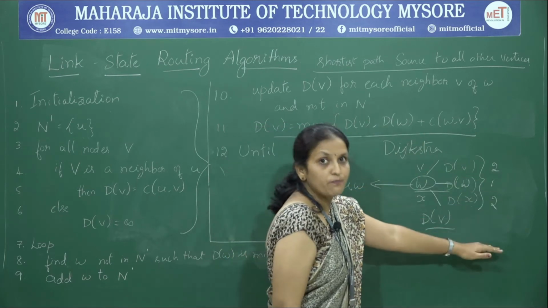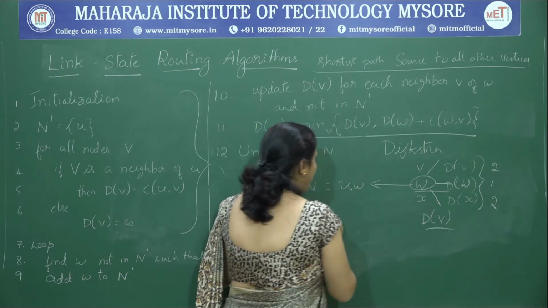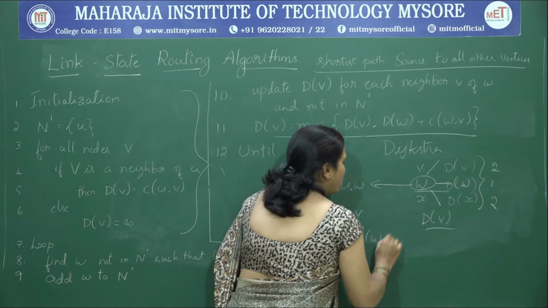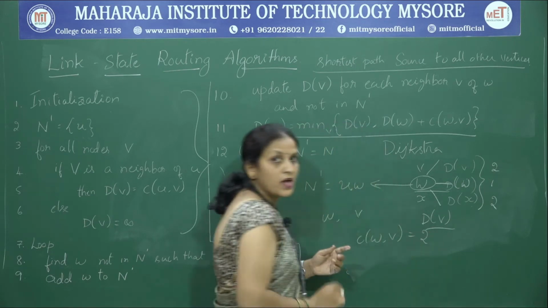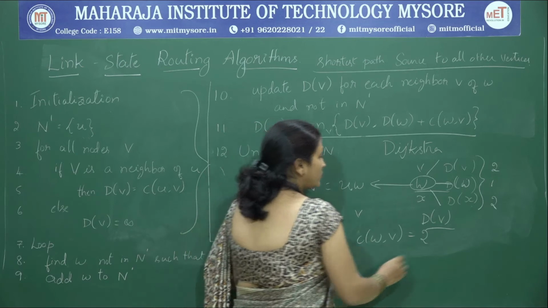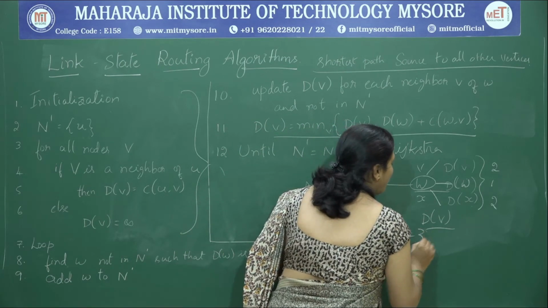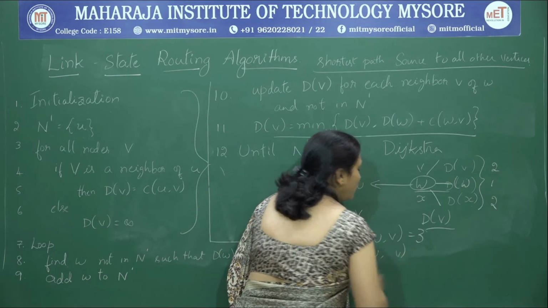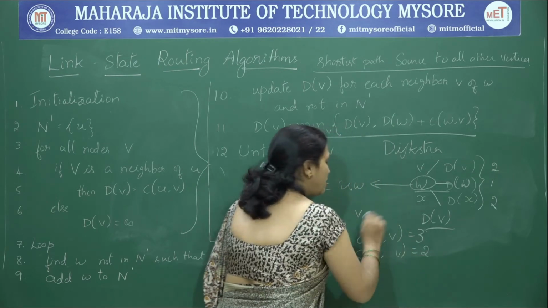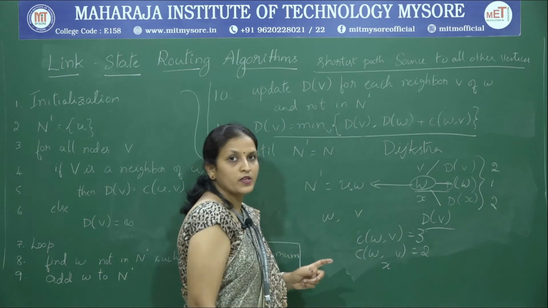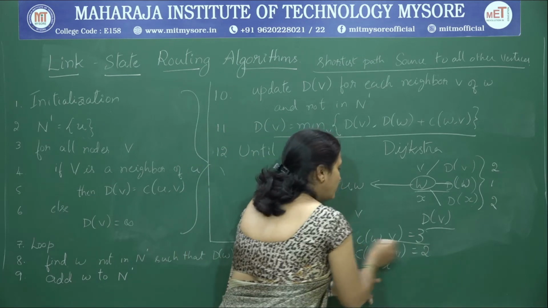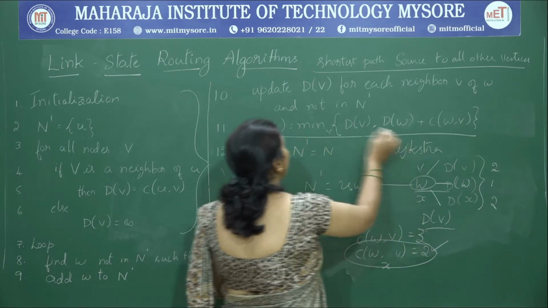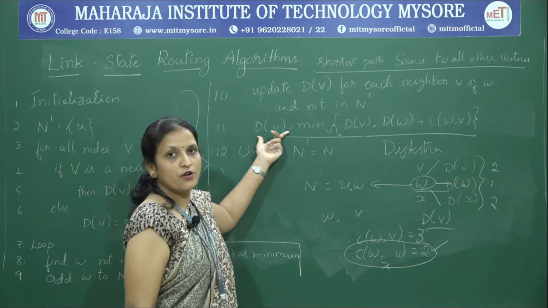If we find some other path to the same node, for example, if I have V as its neighbor and the cost of W comma V is 3, and I have one more path from which I can reach V, which costs around 2, that path goes from X. In that case, I need to consider this. The minimum among these two is this, so that will become the updated value for D of V.